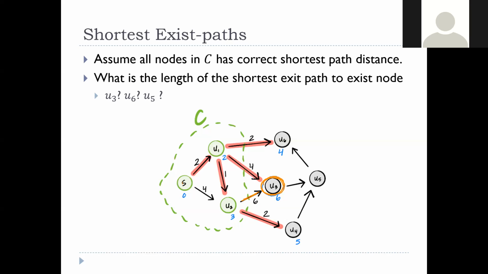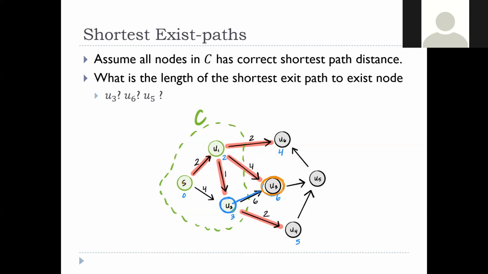Remember that all the nodes inside the set C already have the correct distance estimate. So if the shortest exit path is coming from U2, that means the distance to this node must be the best way you can reach U2 plus the edge weight of U2, U3, right?